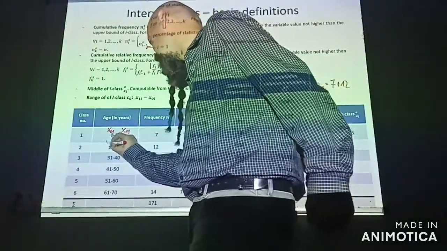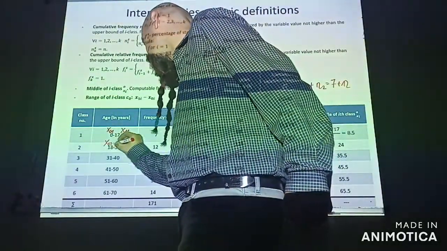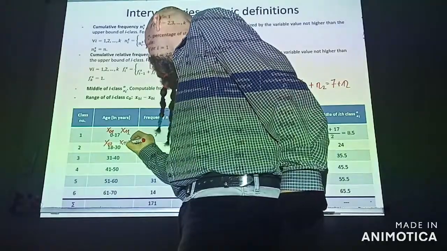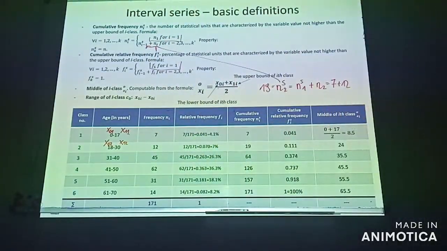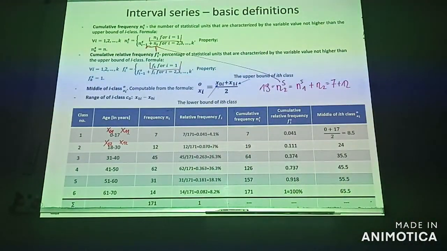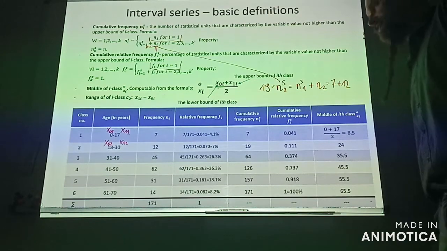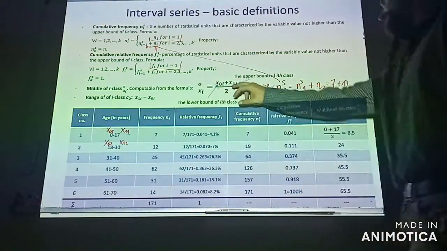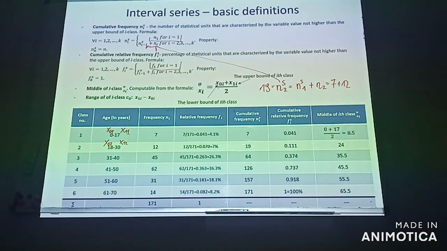In the next class we have x02 and x12: 30 is x12, 18 is x02. But on the margin, it's not a very important category. The important thing is to know how to compute the middle of the classes.